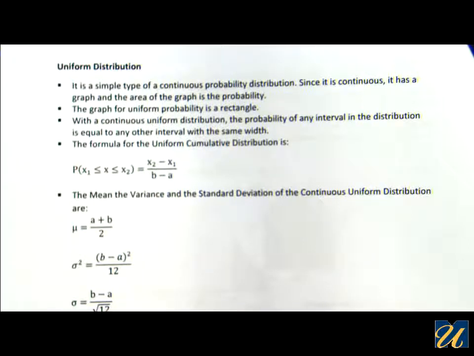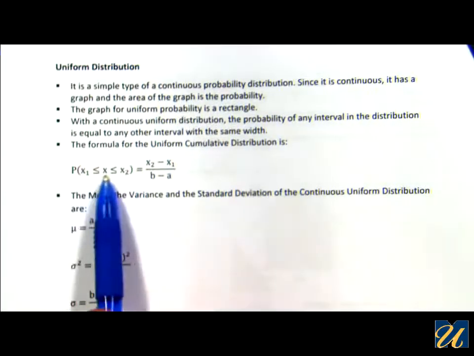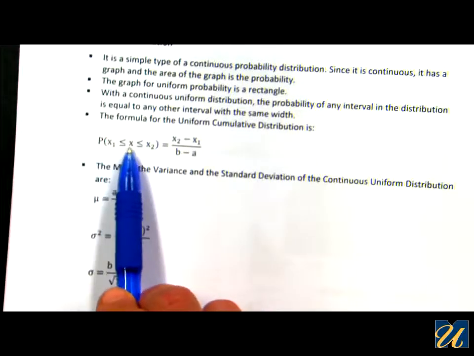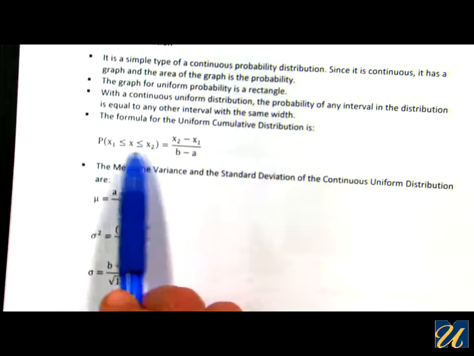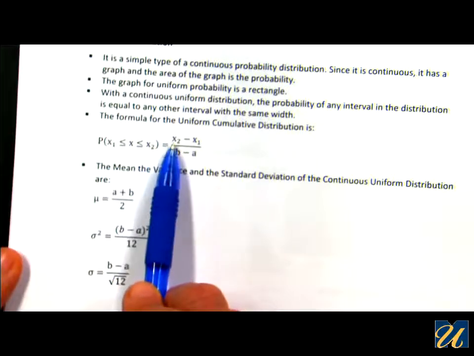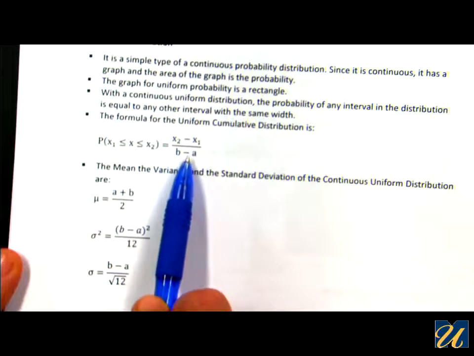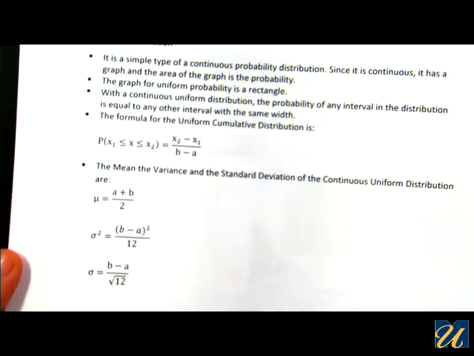With a continuous uniform distribution, the probability of any interval in the distribution is equal to any other interval with the same width. The formula for the uniform cumulative distribution is the following. If you're looking for an area between two values, the probability where x will be between two values, you subtract the smallest value from the largest over the end point minus the beginning point of the uniform distribution.